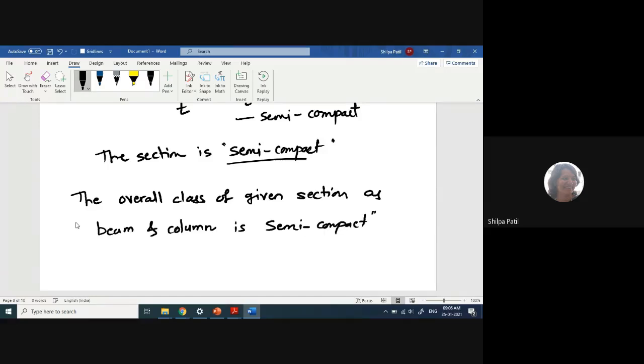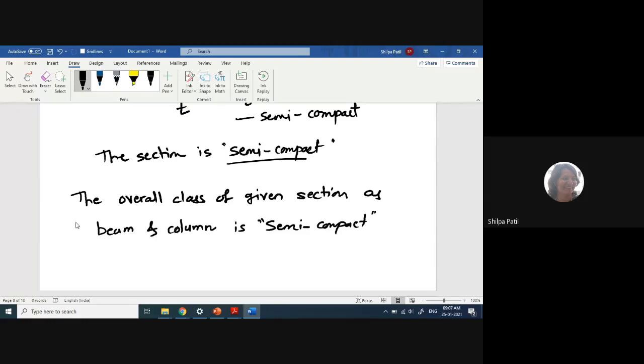Actually, we do not write down as beam or column. This is just for your understanding. We should write down the clear statement: under compression due to bending and under axial compression. These two cases should be written, and for both of these cases the class of the section is semi-compact. Compression due to bending is when we use a section as a beam; axial compression is when we use it as a column.